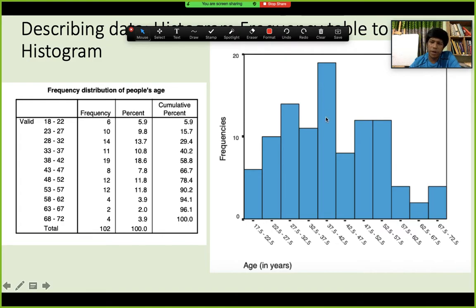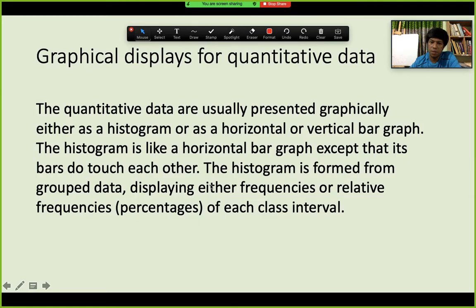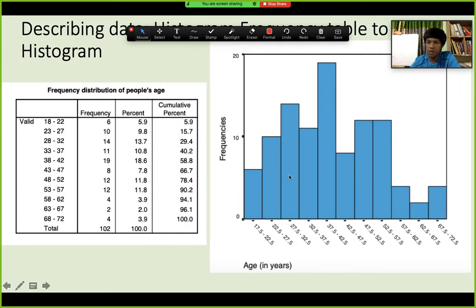One very important difference between this figure and this figure is that this figure is discrete. There is a gap between the bars here, because the data are qualitative, and here the data are quantitative.